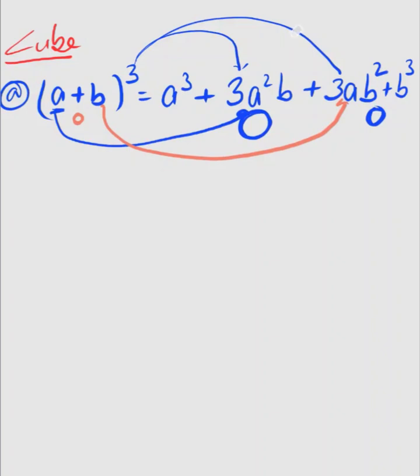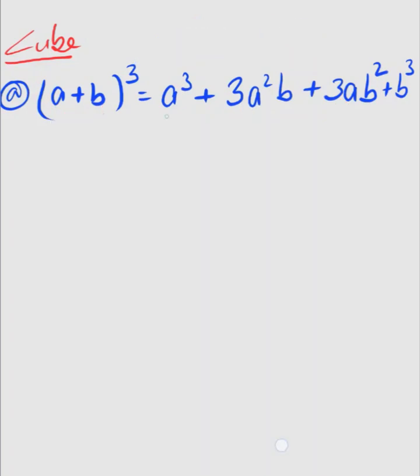Let's remove all the lines. Now what we will see: a cube plus 3a square b plus 3ab square plus b cube. This is the formula. The second is B, (a - b) whole cube. This is also similar to the first one, but we need to keep minus in 2 places.